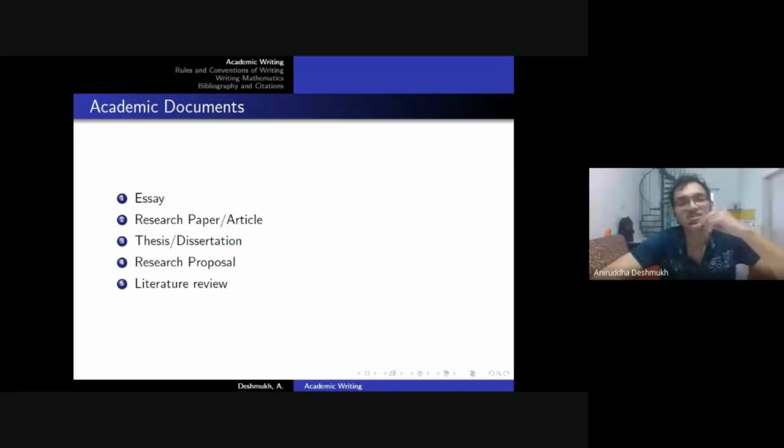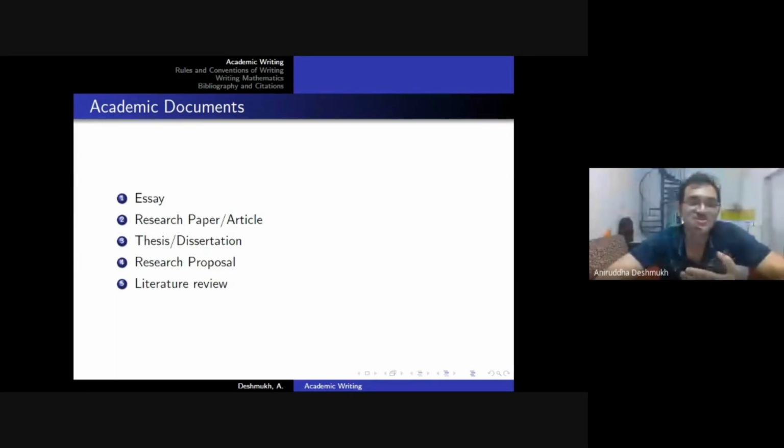And finally, literature review. Now, after doing a literature review, there are two things which you can do. Either you can write a survey article on it, or you can include it in your thesis. Now, a survey article is a bit different from a research paper or a research article in a way that a survey article does not really have anything new.